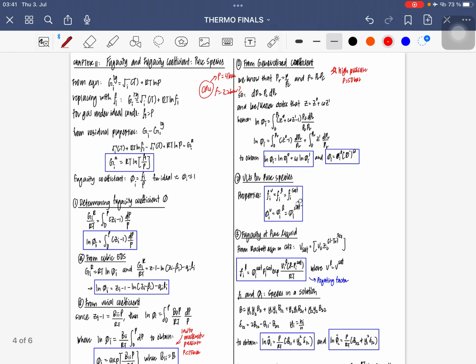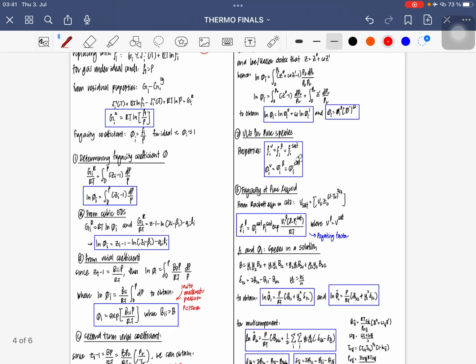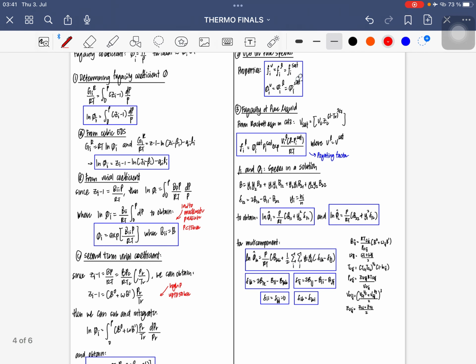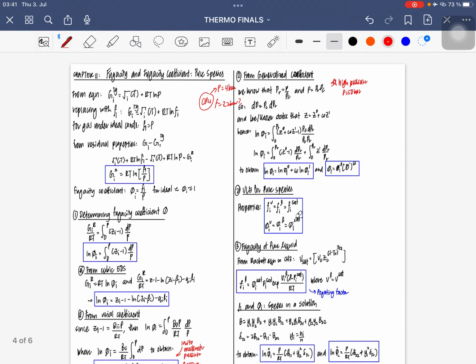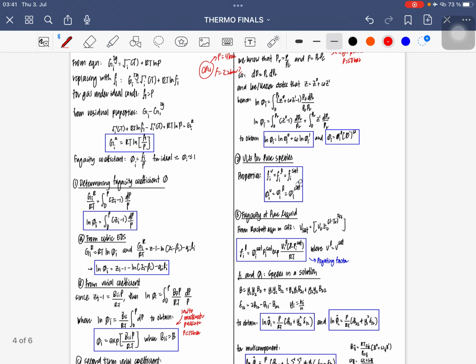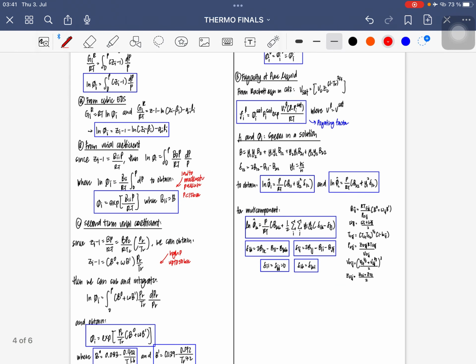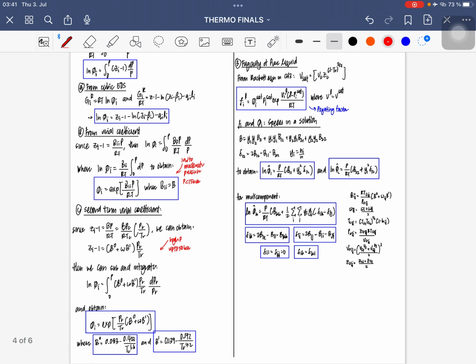But fugacity is defined as the tendency to escape. I don't know how it corresponds honestly, but let's just go through. It is really not that hard.